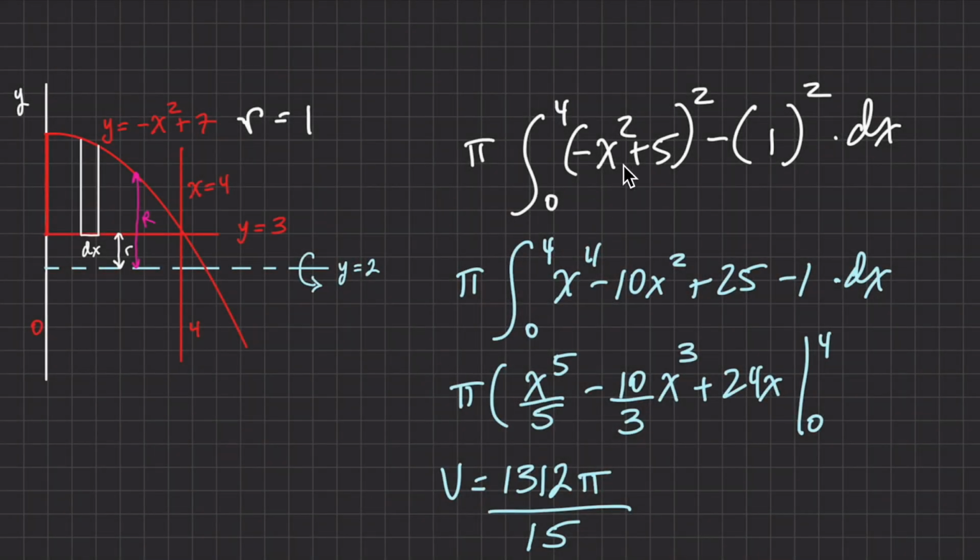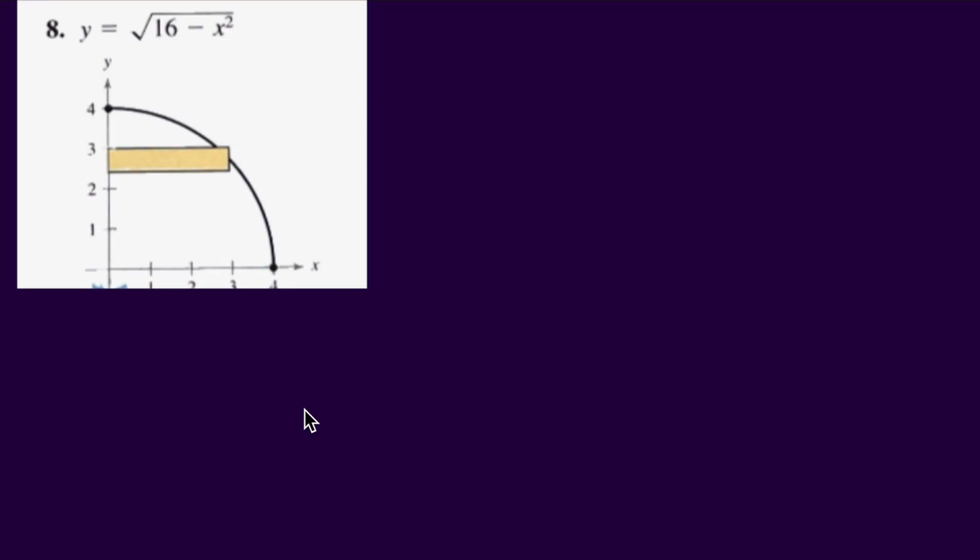Okay, folks, so when we FOIL and combine like terms and take the antiderivative and then plug in the beginning and end, we're going to get this for our volume. 1312 pi over 15.